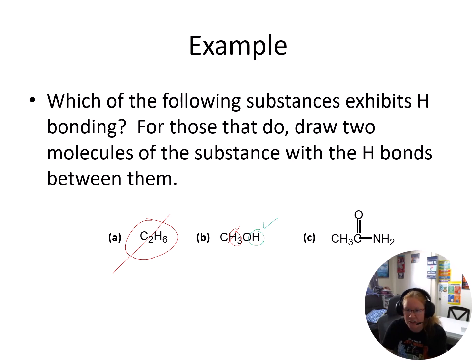All right, and that last crazy molecule I have, can that one hydrogen bond? Yeah, because these 2 hydrogens are attached to the nitrogen. These 3 hydrogens, though, cannot. Okay, so we have 2 molecules that we can show some hydrogen bonding between.